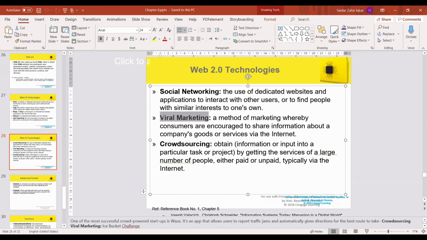In that maybe you want to collect some money for any community service or for any non-governmental agencies, or you want to achieve something, so you are doing these kinds of things. So you can do anything in viral marketing. Okay.